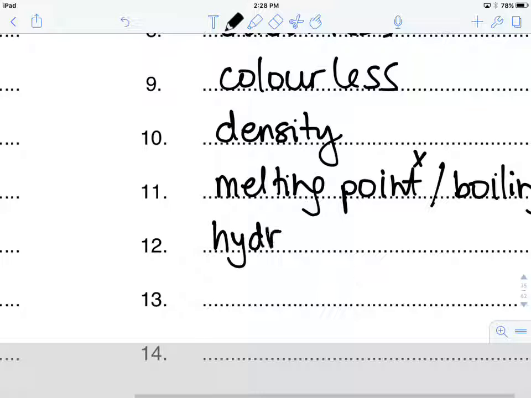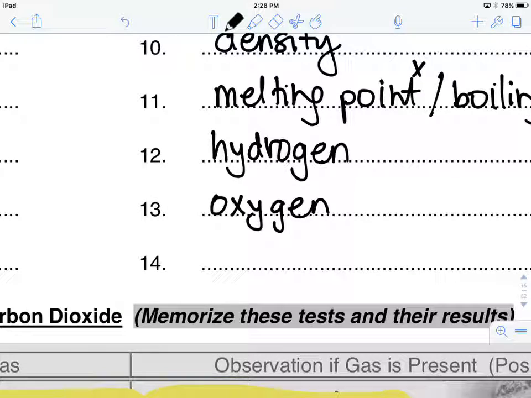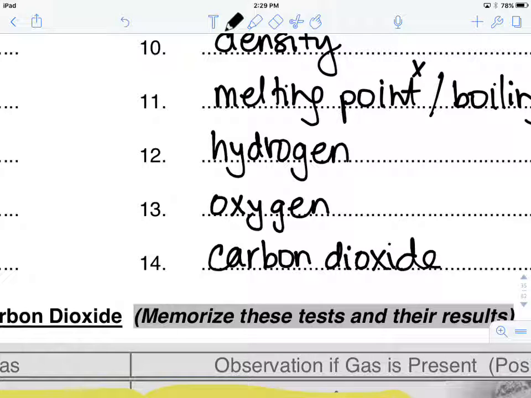The second is for oxygen. And the third is for carbon dioxide. So those are the three: hydrogen, oxygen, carbon dioxide.